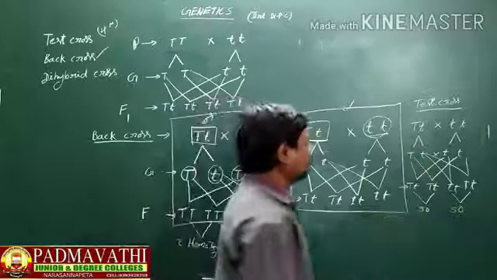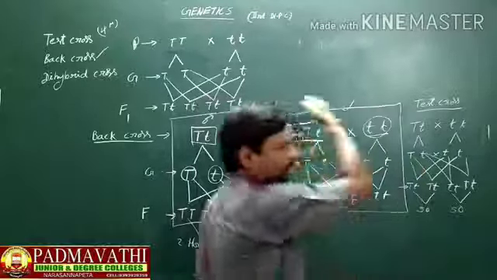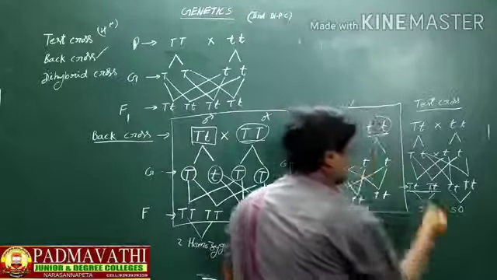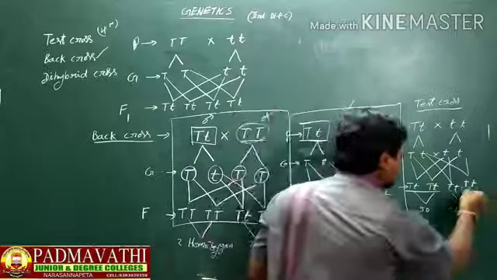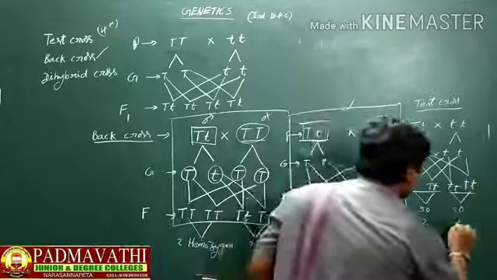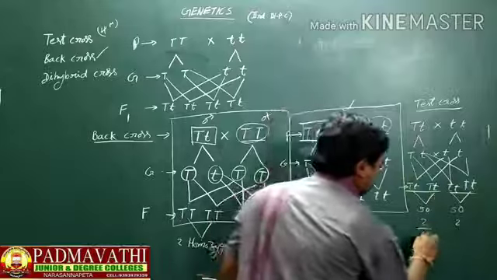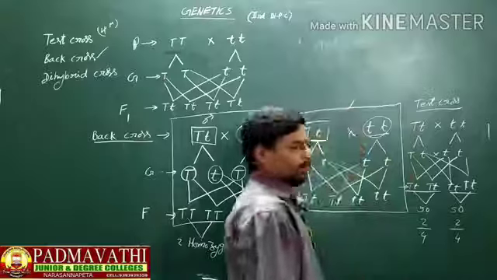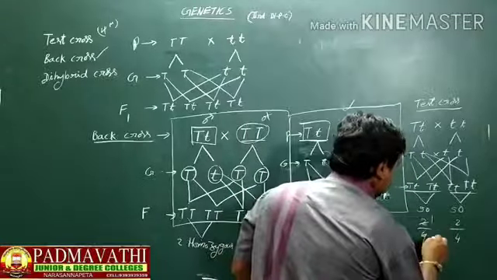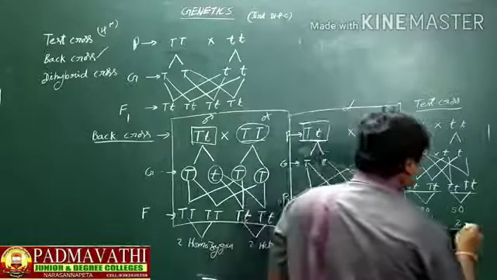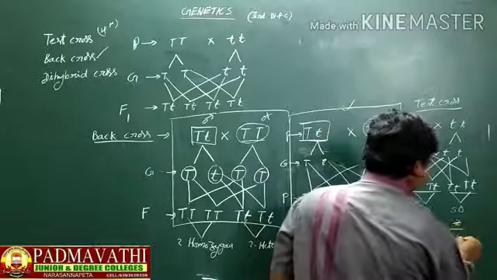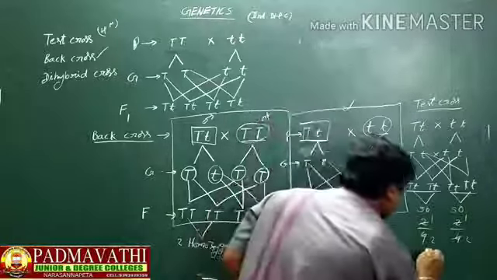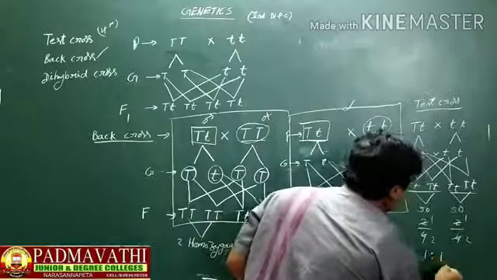Now the ratio of the test cross in the monohybrid cross: 2 tall plants and 2 dwarf plants out of 4 plants. So what is the ratio? 1:1 ratio.